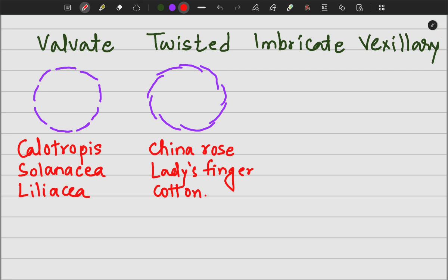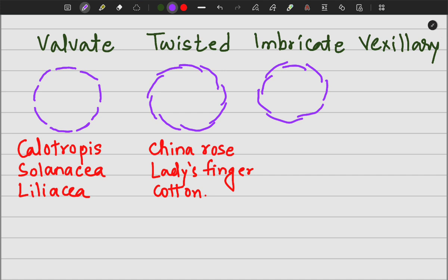Alright, so let us move on to the imbricate aestivation. Imbricate is just like twisted, but the overlapping is not in the same direction. The overlap can happen in any direction, in a very random way. There is no order in the fashion in which they overlap each other.